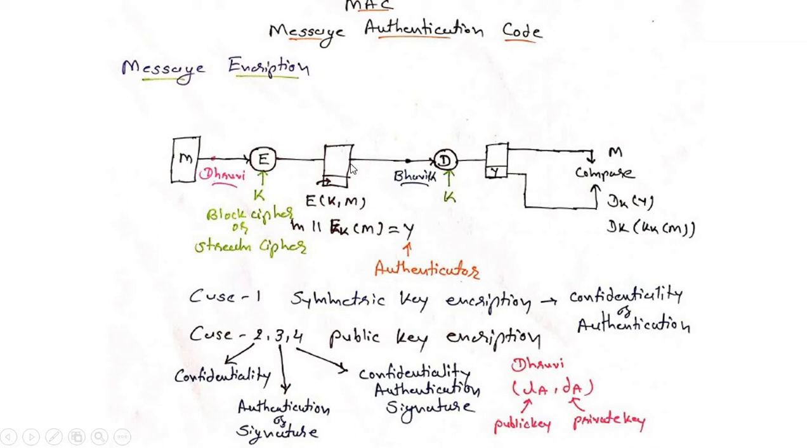So the key is also traveling inside the channel. So there is a possibility that an intermediary malicious user can intercept the key. So in case number 2, we are getting confidentiality only, we are not getting authentication due to the public key.